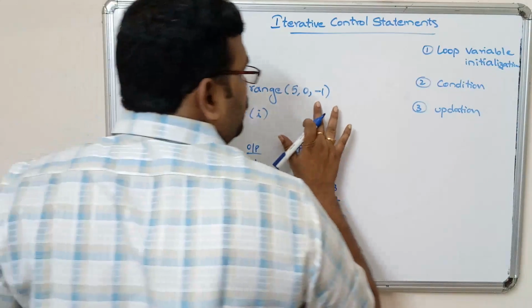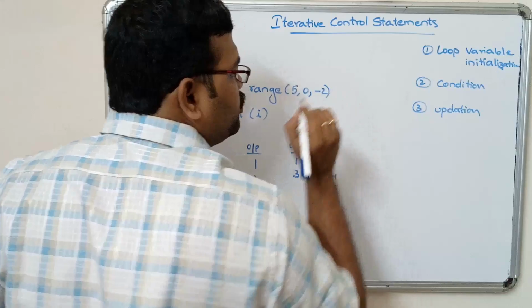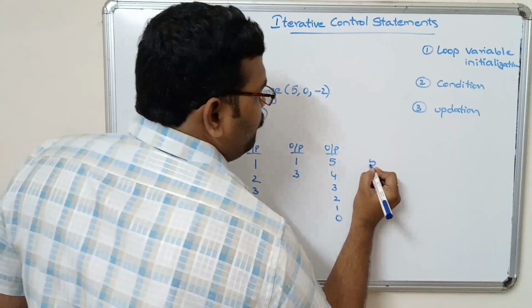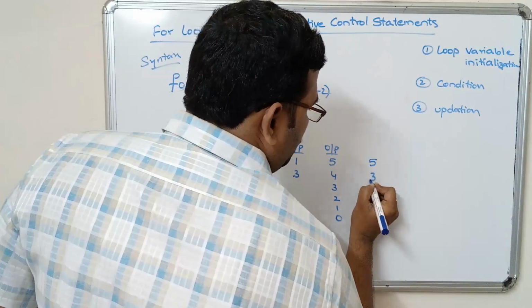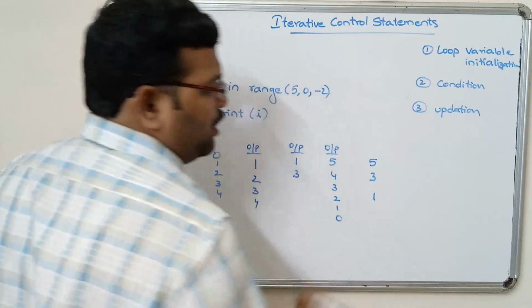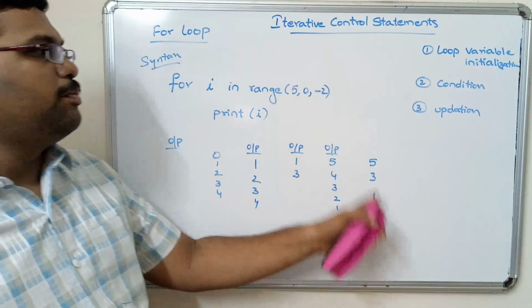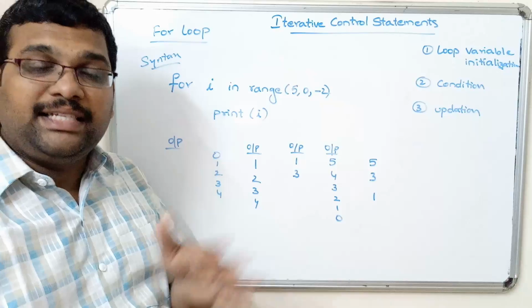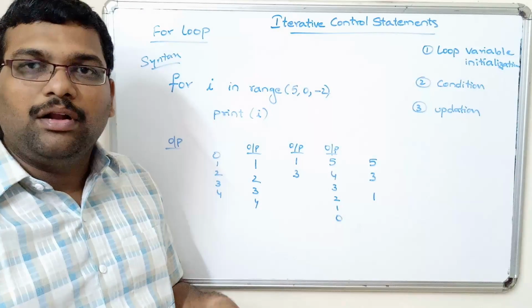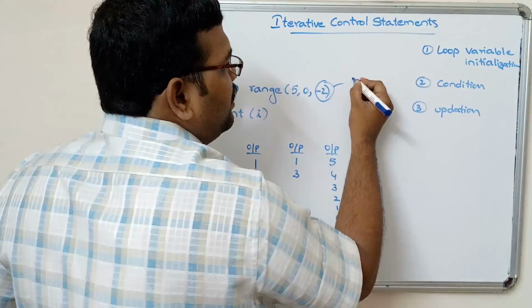Next, if you use here 5, 0, minus 2, automatically it gives 5, 3, 1. This is the output for this. So we can write in an ascending order or a descending order. So this implies the updation.